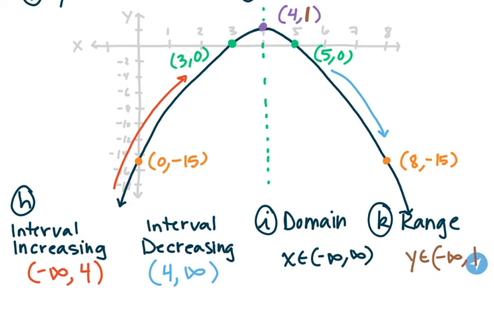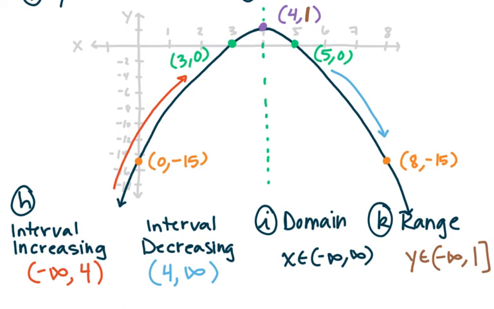And we have to say, well, are we allowed to touch that value where y, my maximum y, is equal to 1? And the answer is yes, we can. It's a point which is defined on the graph. So the maximum here occurs at (4, 1), and 1 is included as the maximum of our range set.